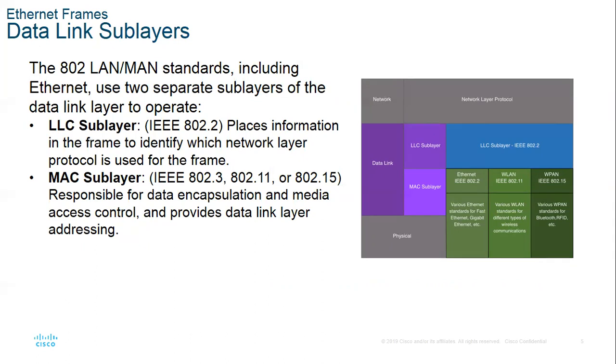We have Wi-Fi, what you have at home, or even in a public network or at work, which is the 802.11 standard and its variants. And we have the wireless band, which is 802.15.